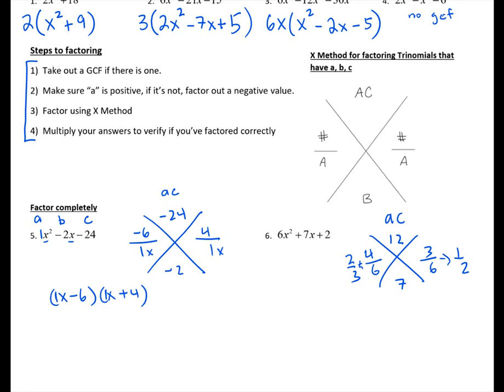So remember, the denominator is the number that goes in front of x. So since the denominator is 3, it's going to be 3x, and then the 2 at the top just follows, plus 2. Over here, the denominator is 2, so we have 2x, and then the top number just follows, plus 1. And these are your factors. Okay? And if you want to check if it's right, like I said, you can multiply everything. It should give you what you started with.